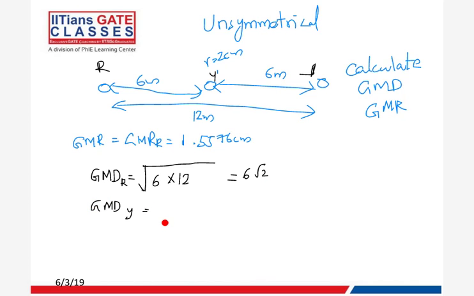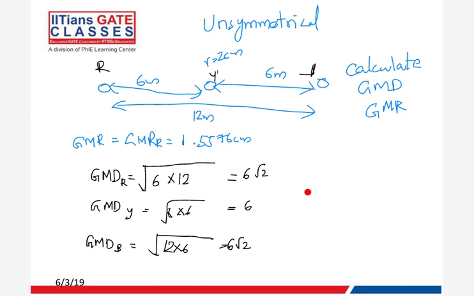Would be 6 into 6, that would be 6. And what would be GMD with respect to phase B? Again 12 into 6, that would be 6 root 2.